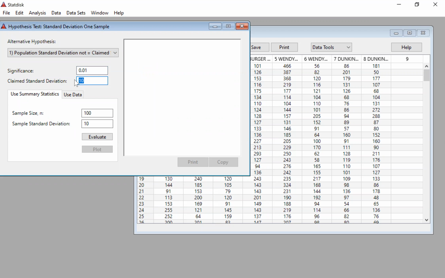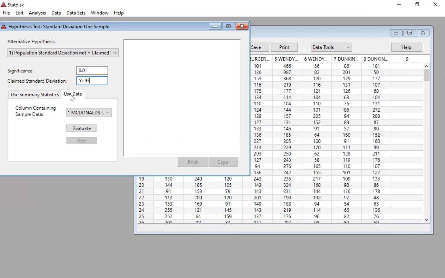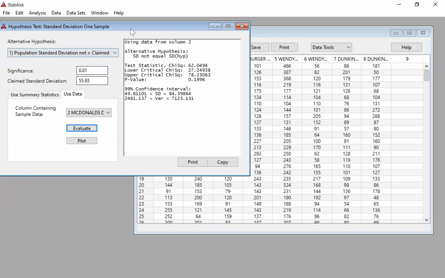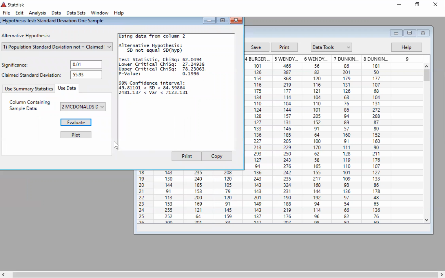Claim standard deviation, 55.93. And at this point, we're ready to head on over to the Use Data tab. And we want the McDonald's dinner time. So from there, we can just go ahead and hit Evaluate.